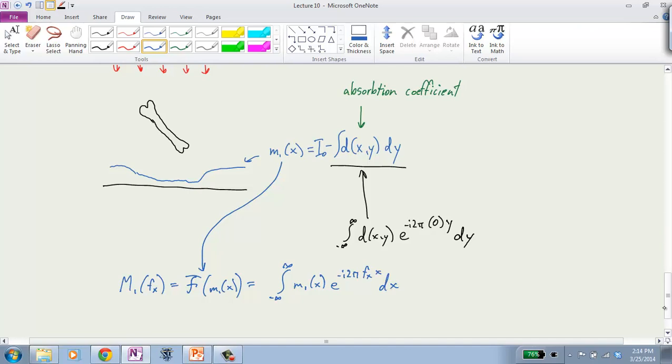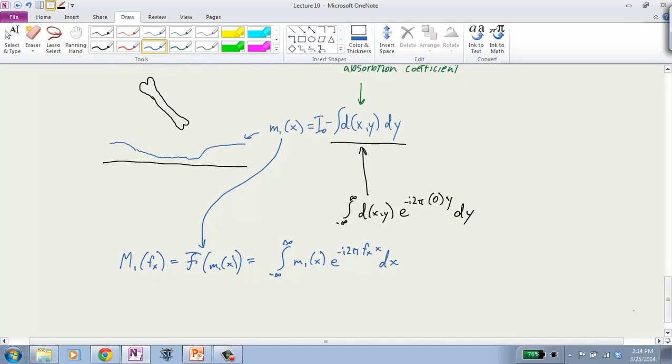Now we can plug in what our M1 is, written the way I wrote it here. This should maybe remind you of the DC component trick we talked about just before the midterm, that the integral of a function is the Fourier transform at frequency 0, and that's all I've done here. I've written it as a Fourier transform at frequency 0 along a certain direction.